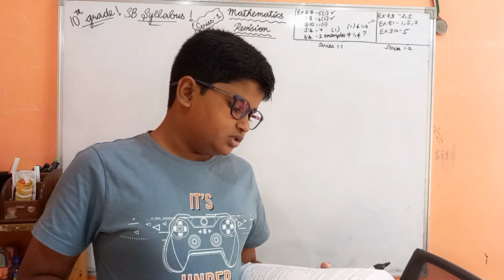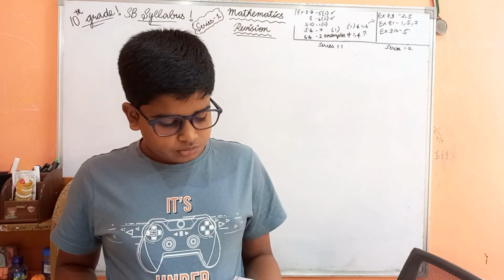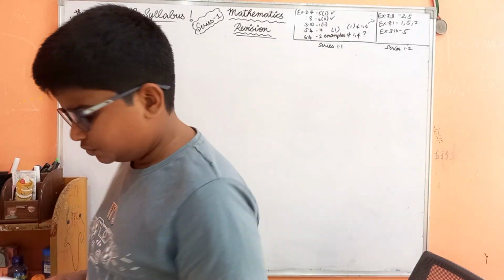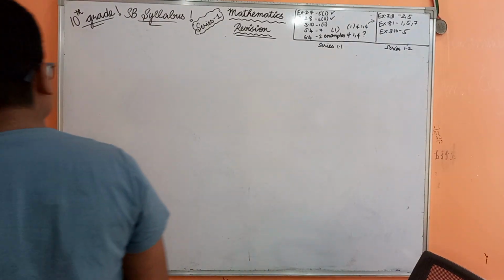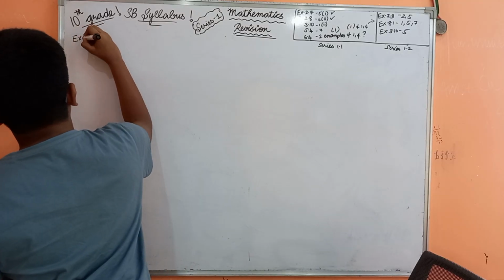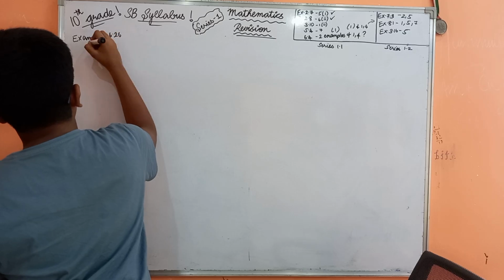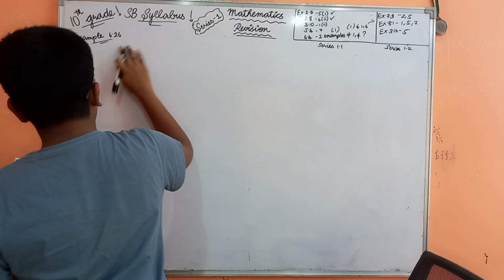Find the distance between the foot of the tower and the ball, which is example 2.26. Take root 3 as 1.732.